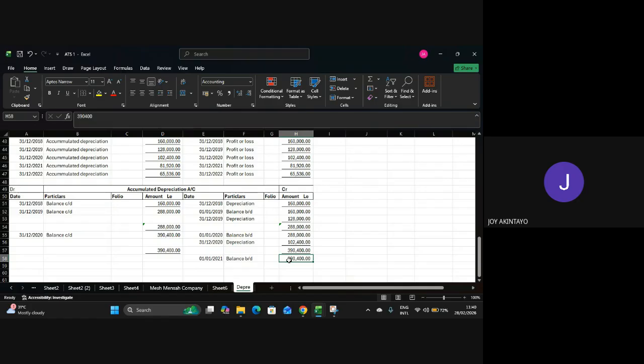Depreciation value for 2021, please. Depreciation value based on what we've calculated.